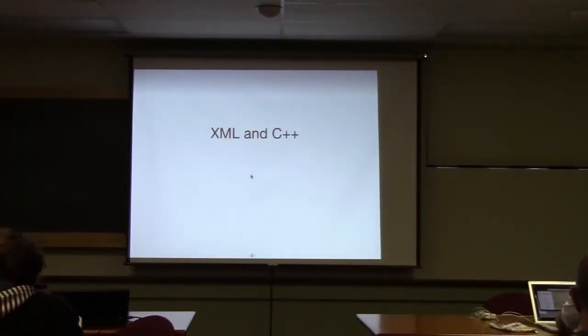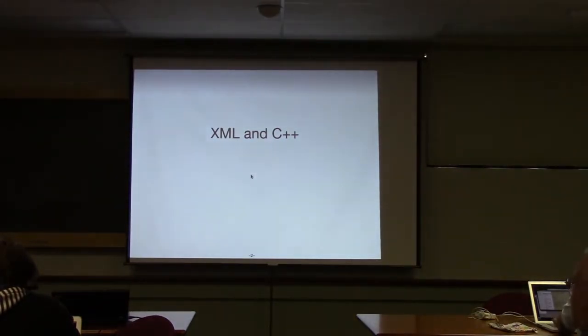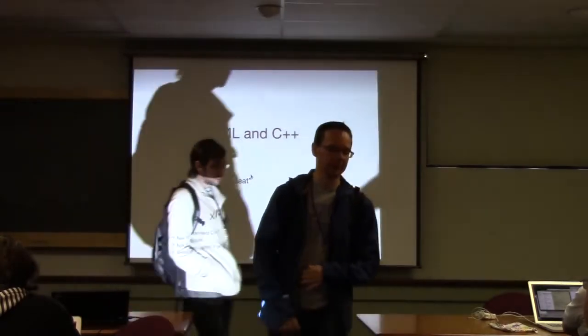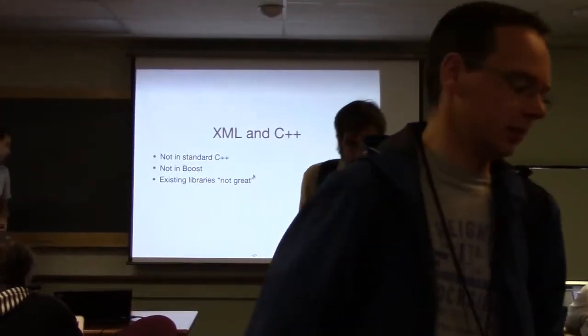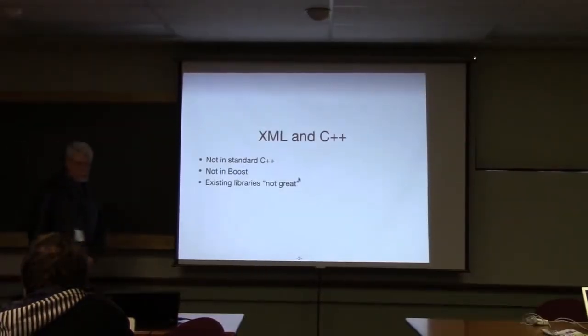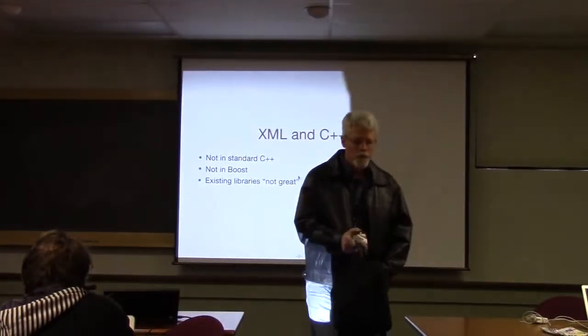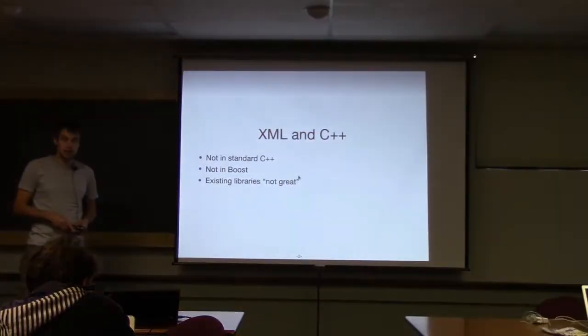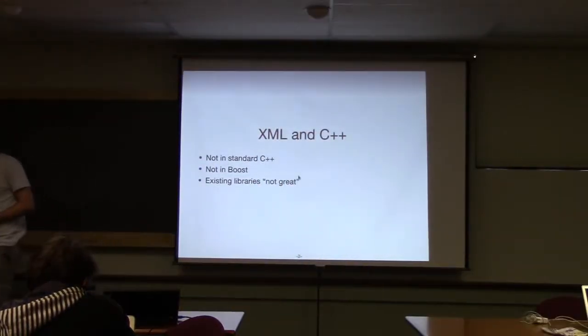Well, the rest of us, those that try to handle XML in C++, probably know that things are pretty bleak. There's no XML support in the standard library. There's no XML library in Boost. And existing libraries at best have APIs that are non-idiomatic C++.